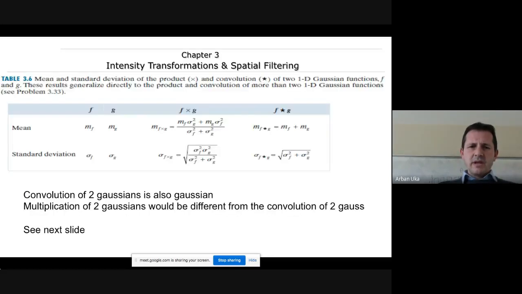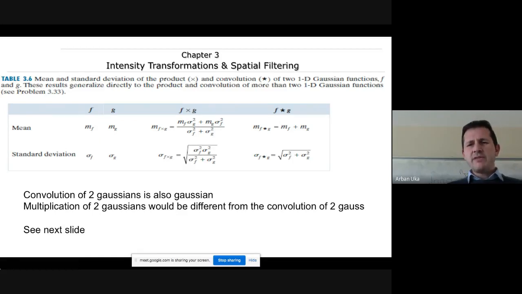Now, here we see some functions, or assume that we have 2 Gaussian functions. Gaussian functions have very, very beautiful properties. When I was a student, I forgot many things, but the last thing I would forget is this concept, that the Fourier transform of a Gaussian function is still a Gaussian function.